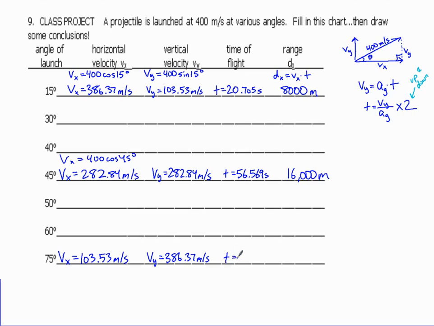And so the time of flight here is very long, 77.274 seconds. And then we find its range, that is the horizontal velocity multiplied by the time, and we find out that the range of this projectile fired at 75 degrees is 8,000 meters.